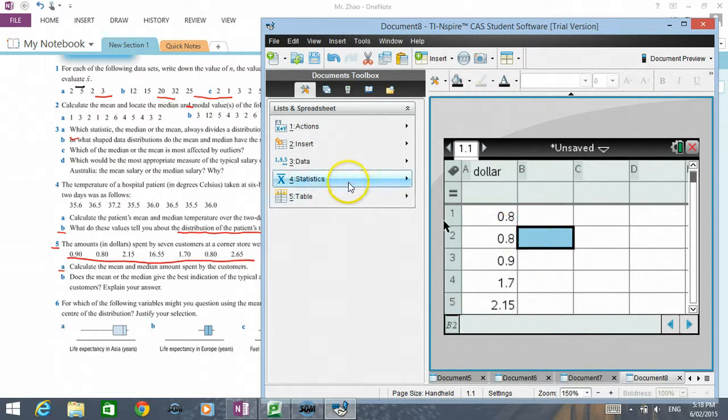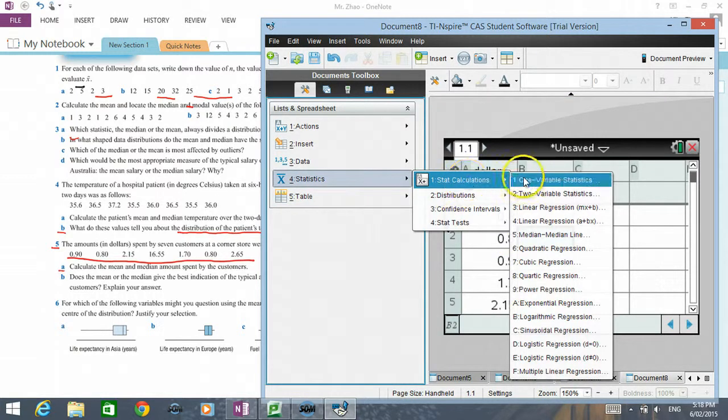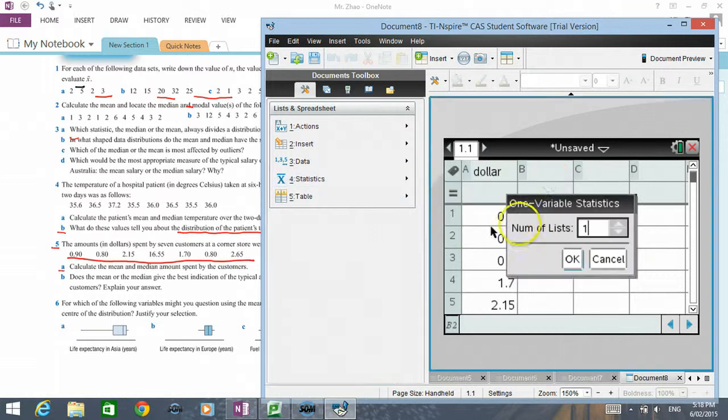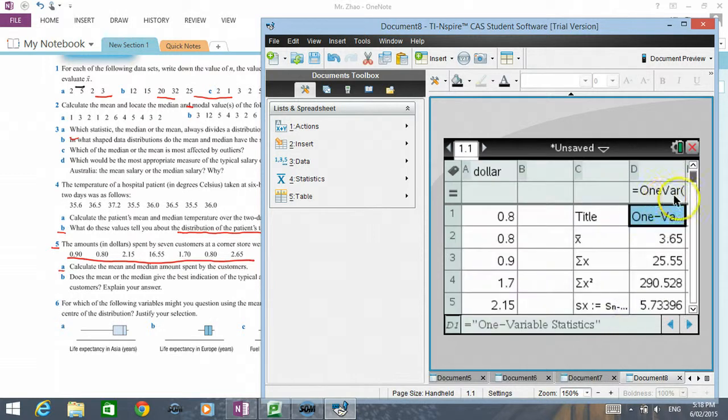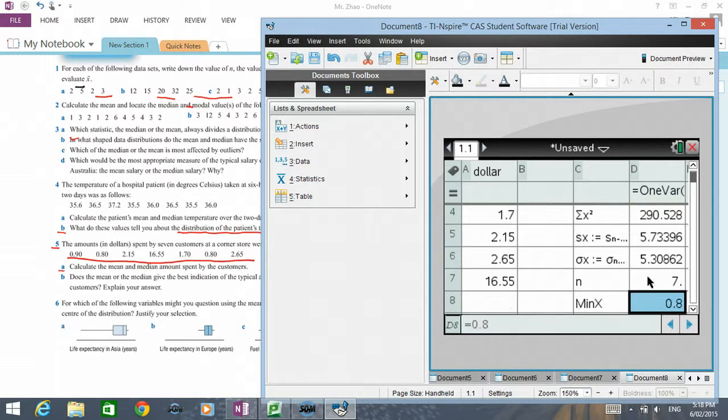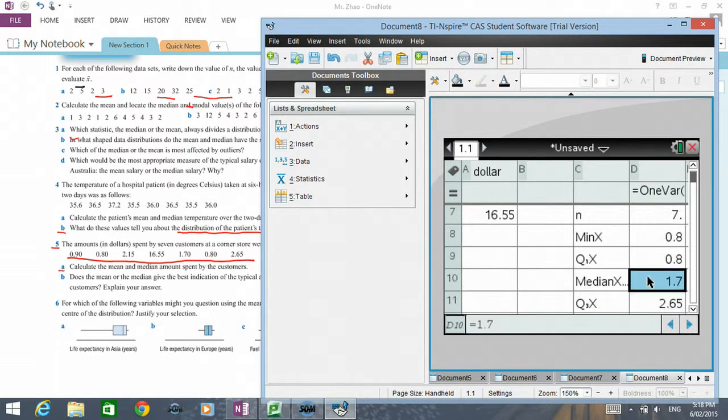Then we go to stats calculation, variables, click on OK. Again, select the name of the data, press OK, then we have the data there. So the mean is going to be 3.65, and the median, in this case, is going to be 1.7.